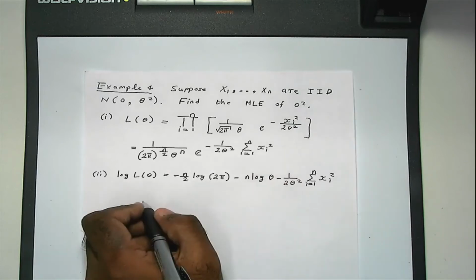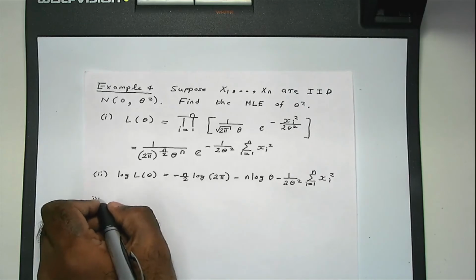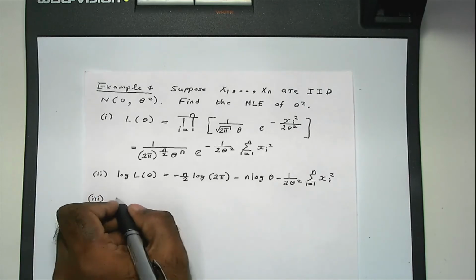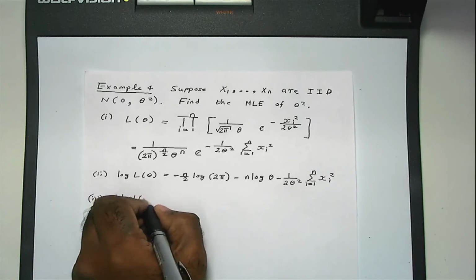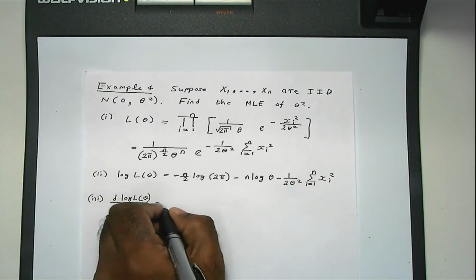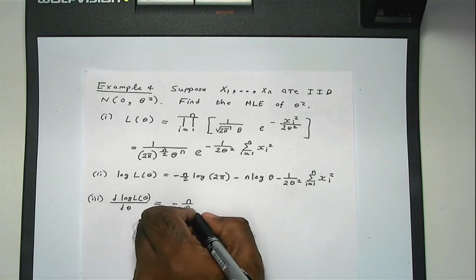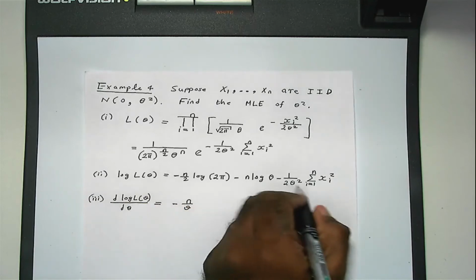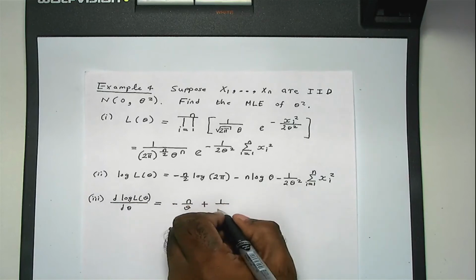The next step is to take the derivative with respect to theta. You get minus n over theta, and the derivative of this is 1 over theta cube.